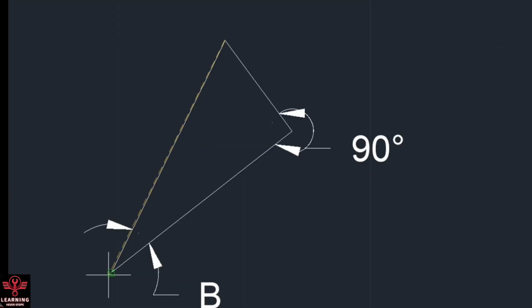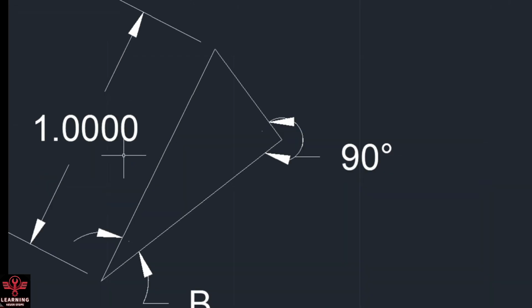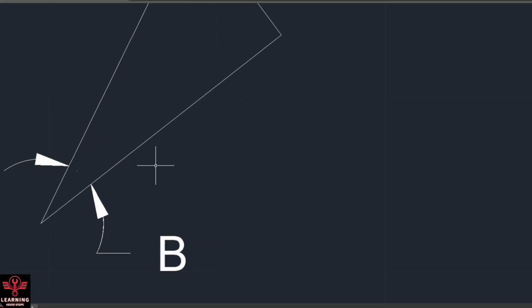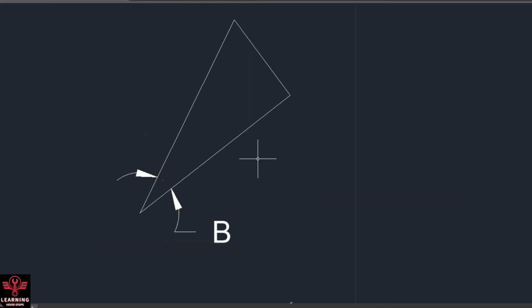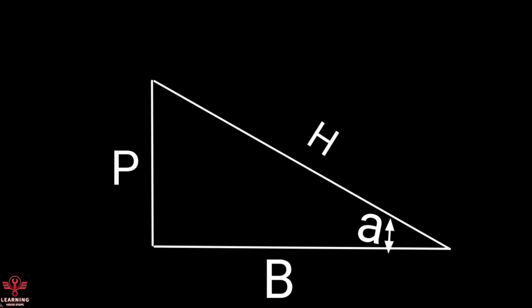In the triangle associated with B, the hypotenuse of this triangle is the radius of the circle, so it is 1 unit. Now we know that the hypotenuse of this triangle is 1 unit. For the base and perpendicular, we have the cos identity and sine identity.